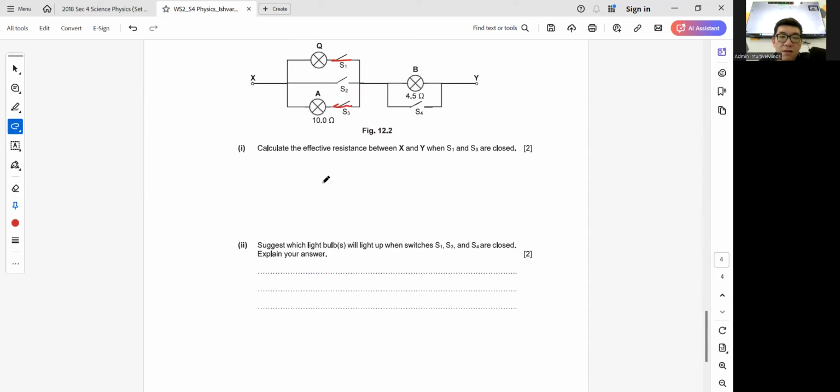Yeah. So it'll be 1 over 5 plus 1 over 10 plus this. Do you add that? You could add a 4.5 inside. I did 1 over resistance A plus resistance. What about Q then? S1, S3. Yeah, what about Q?